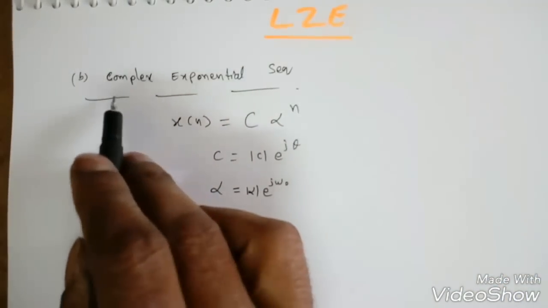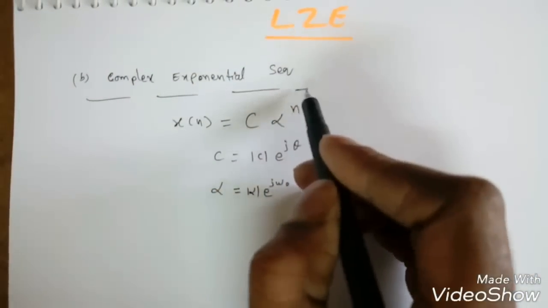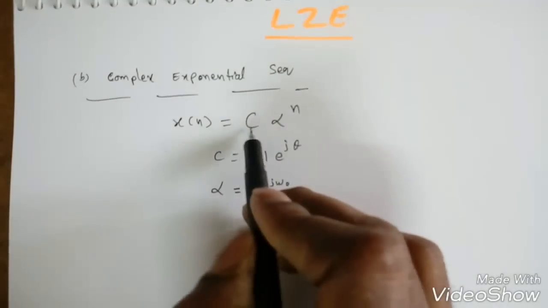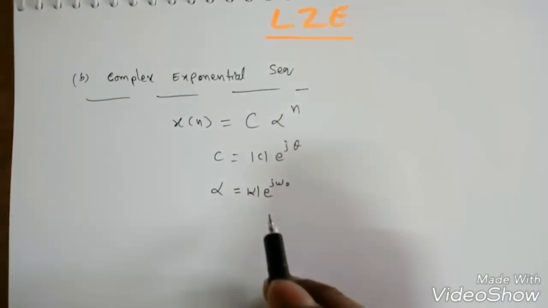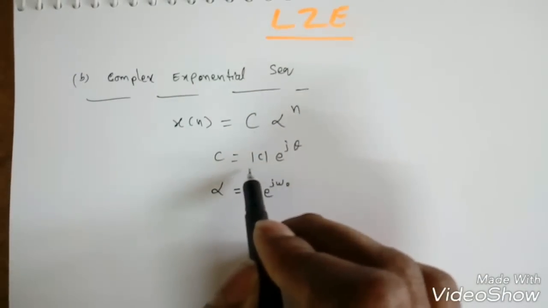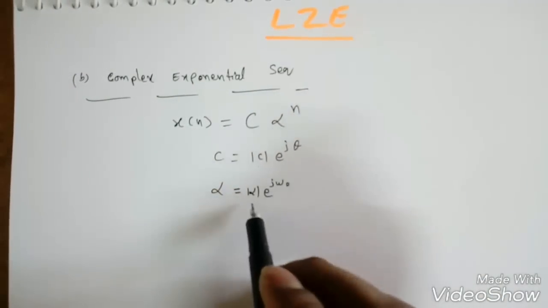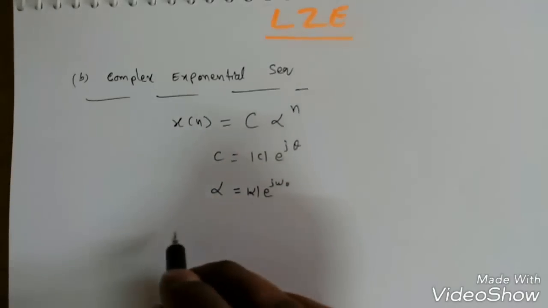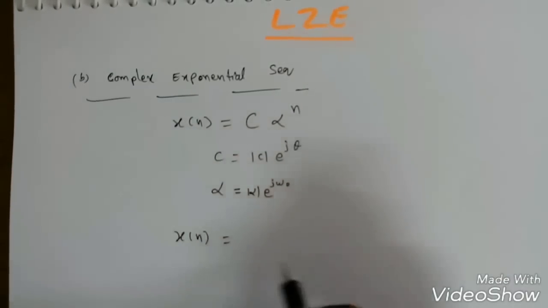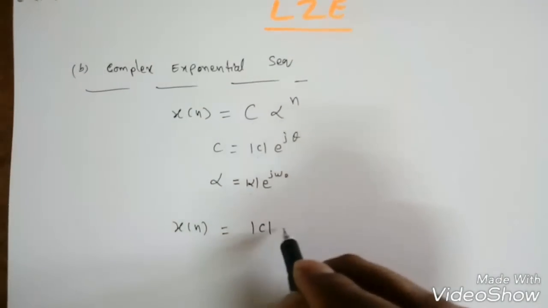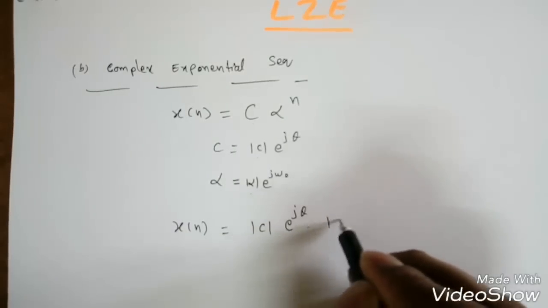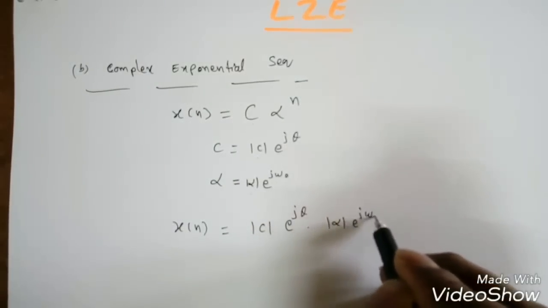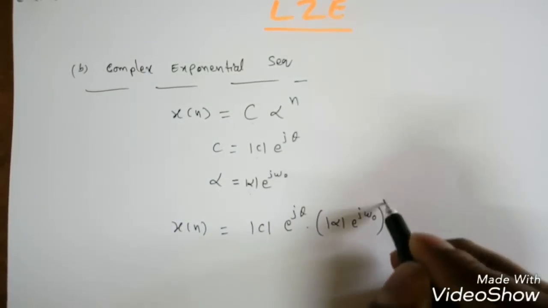Next we will see the complex exponential sequence or signal. It is in the form of c into alpha power n, where c and alpha are complex numbers. Complex numbers can be represented by magnitude and phase, so x of n will become mod c e power j theta into mod alpha e power j omega naught power n.